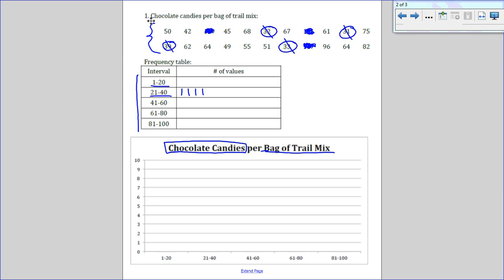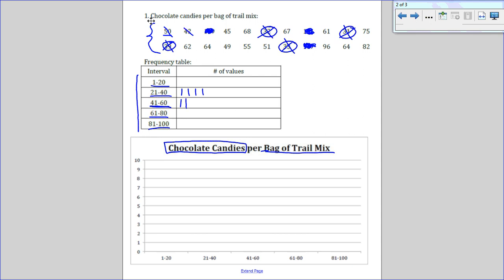Another way to do it is we know our different intervals down here. So let's just look at it now. We've already taken care of these, so we don't have to look at those anymore. But let's just take it number by number, okay? So let's look at 50. Where does 50 fall? 50 falls between 41 and 60. So we mark 50 out. What about 42? 42 falls between 41 and 60.